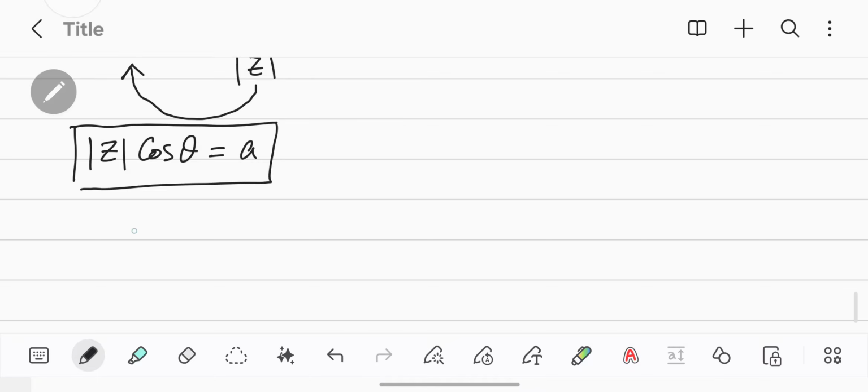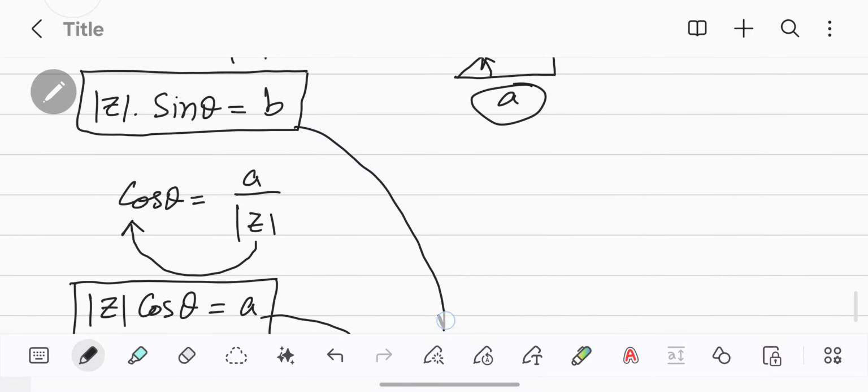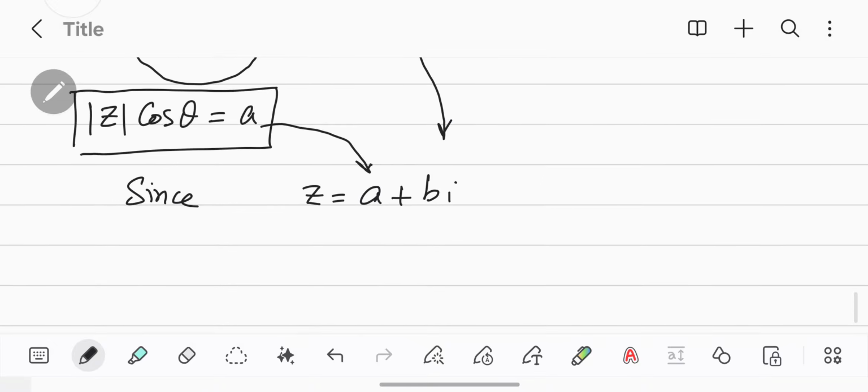So what was my complex number? Since my complex number Z is equal to A plus B iota, if I plug this value of A here and this value of B in place of B, what will I get?